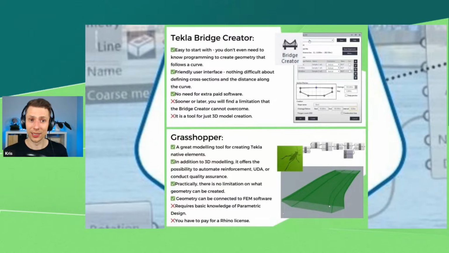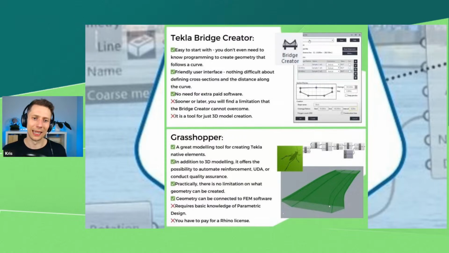What are the disadvantages of Grasshopper? We have to say a little bit about that. First of all, you have to pay for a license. It's a Rhino license you have to buy, but the advantage is that it's lifetime access. If you buy a Rhino 8 license, the cost is, I think, 10 times less than the license for the full Tekla version.